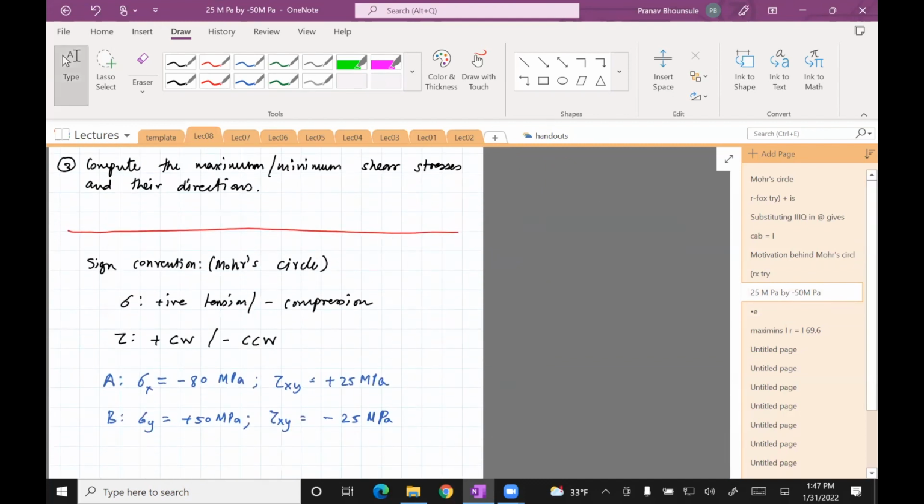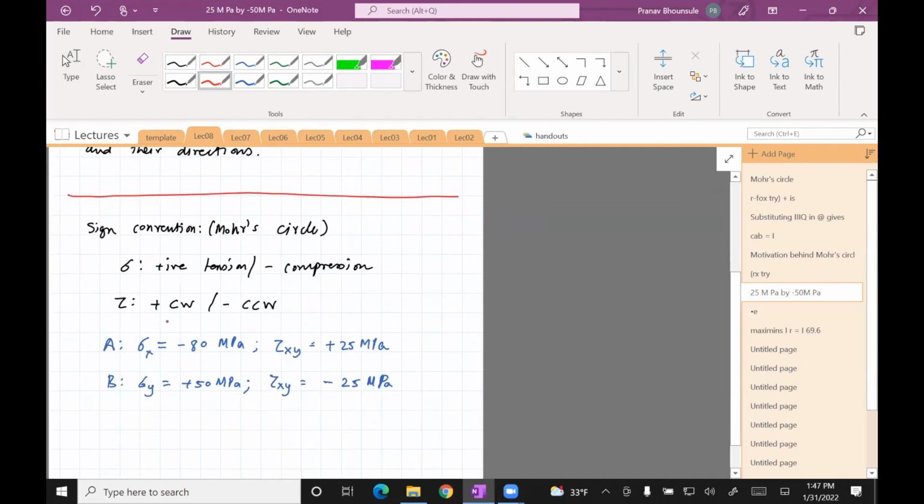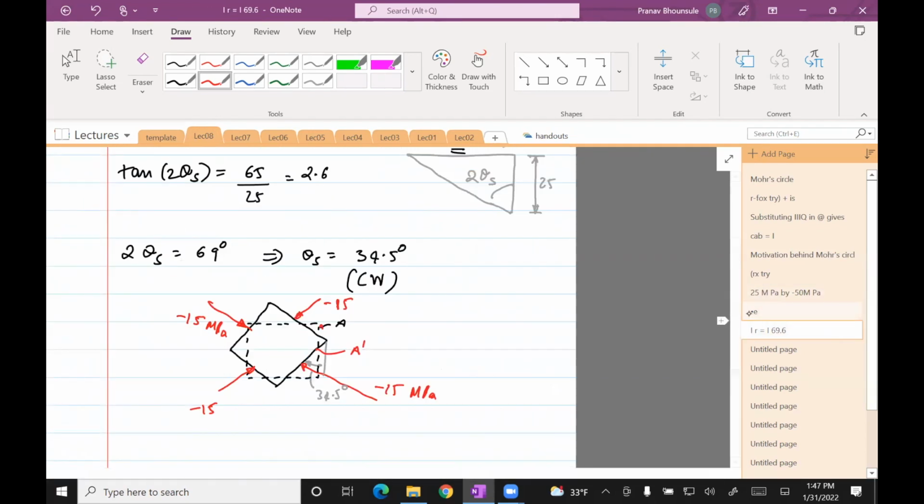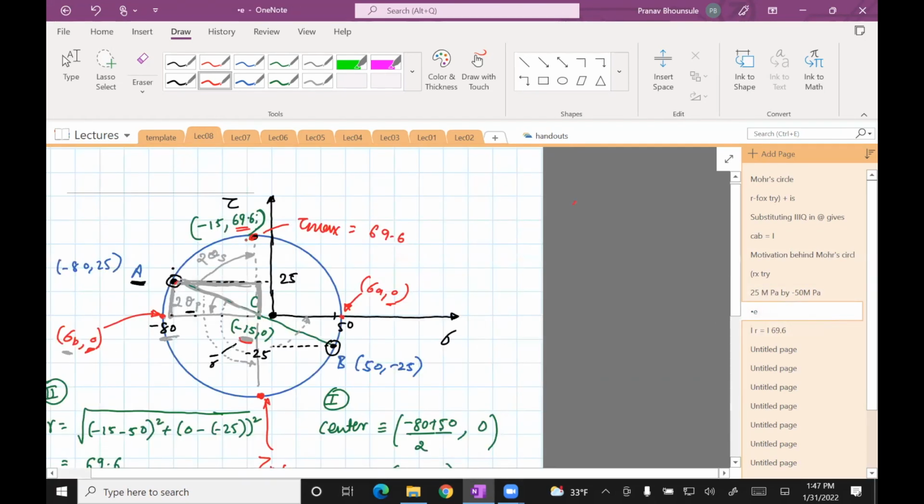Remember this convention where positive is clockwise, negative is counterclockwise. So if you see anything on the Mohr circle with a positive shear stress, it means it's clockwise. So let's use that here. This is positive 69.6, which means it's clockwise.